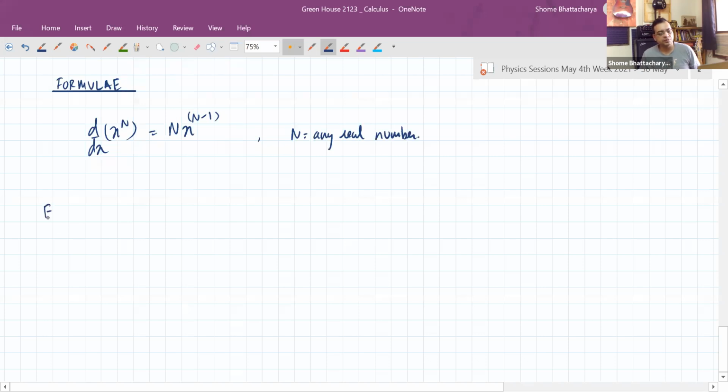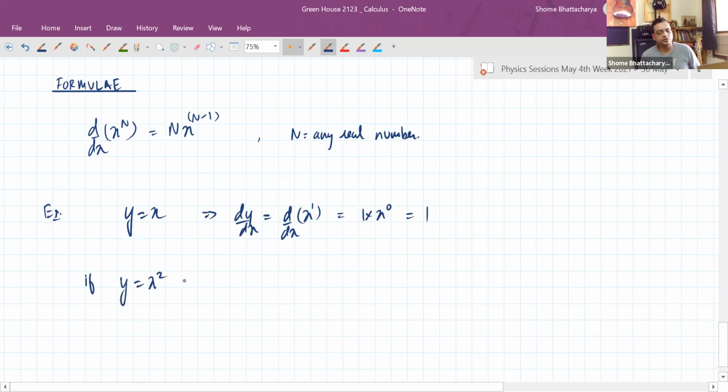So this means that, for example, if y is equal to x, then differentiation of y with respect to x is differentiation of x, which is x to the power 1. So it is 1 into x to the power 0, which is 1. If y is equal to x square, we saw that differentiation of y with respect to x is differentiation of x square.